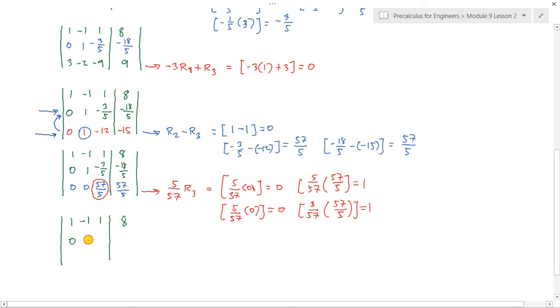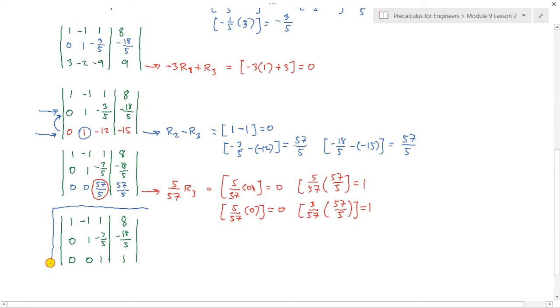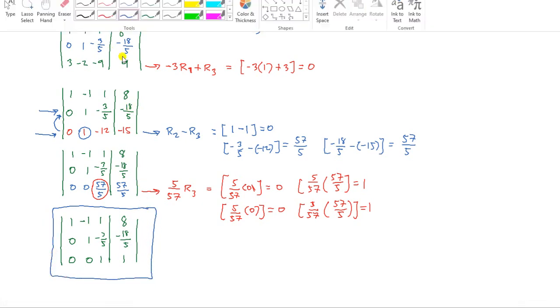This is 0, 1, -3 over 5, -18 over 5. Then we have here 0, 0, 1, 1. So therefore, mao na ni siya ang atong augmented matrix in row echelon form.